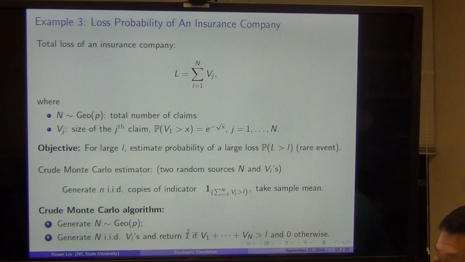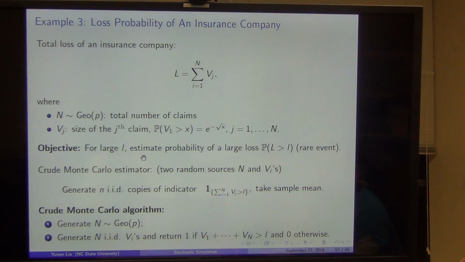So putting this in the context of an insurance company, N is the total number of claims, car accidents, which is geometrically distributed with probability p, and V_j is the size of the j-th claim. So we assume i.i.d. structure for V_j, and we assume some distribution for V_j. Let's say V_j follows this distribution. Not important, right? Basically, you are able to do inverse transform to generate a copy of it.